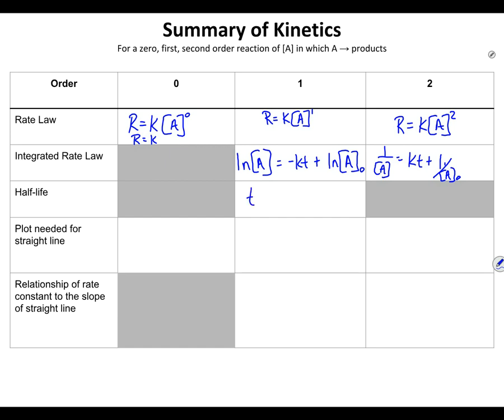Half-life, T1/2 equals 0.693 divided by K for first order, and that's the only one you have to know how to use.